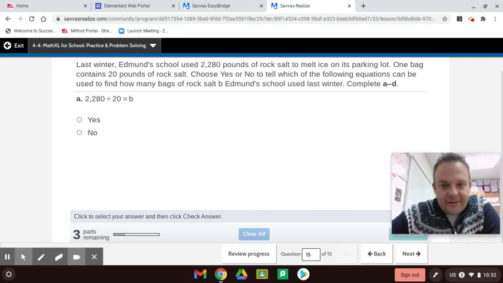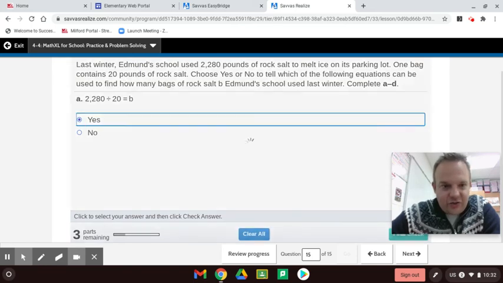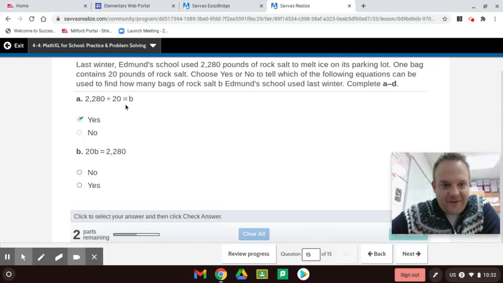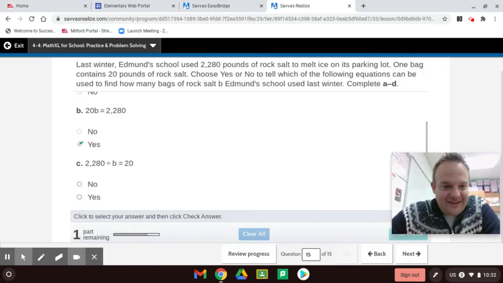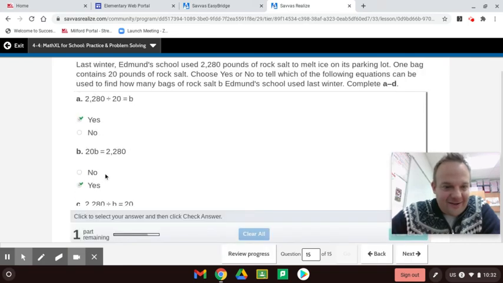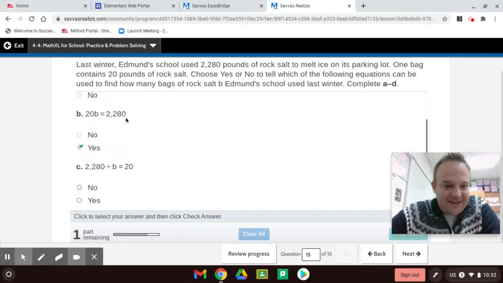So this many pounds of rock salt, and then you're going to divide by 20 to get B. Yep, that is true. Oh, they're going to do fact families. I was just saying this, right? And now you have to do 20 times B to get this. So this is 1. And then, okay, let's look up here. You could also divide by B to get 20. Yep. Wasn't I just saying this?